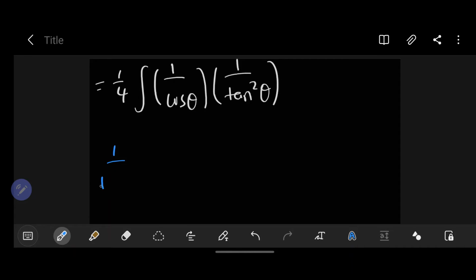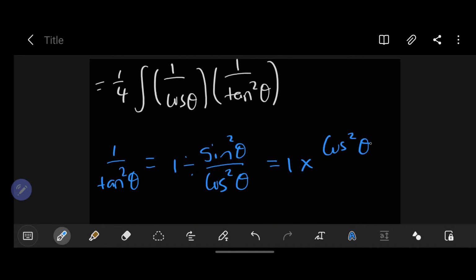You have a fraction at the denominator, which means you can just move the denominator of that fraction to the top, because you can also rewrite this as 1 divided by sine squared theta over cos squared theta, which means I can write it as 1 times cos squared theta over sine squared theta.